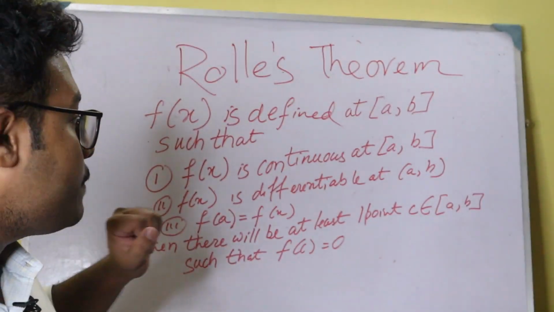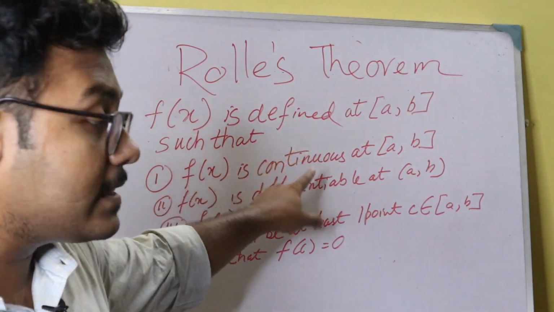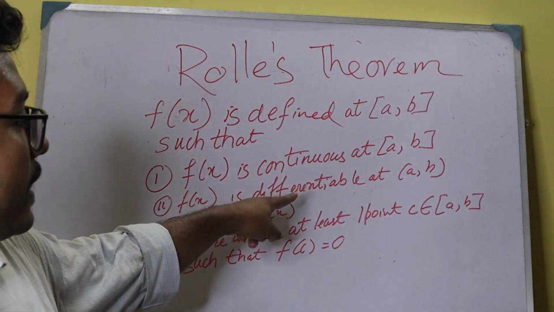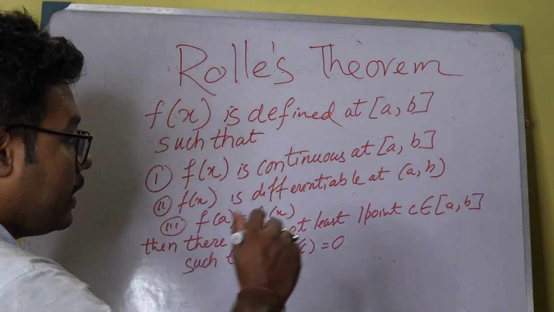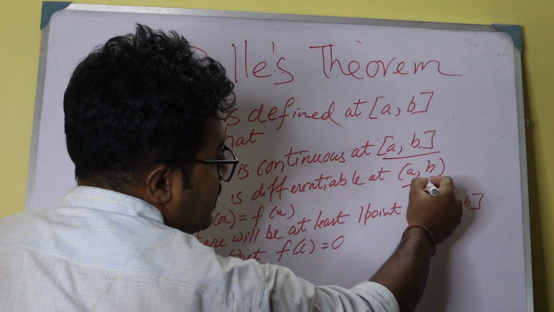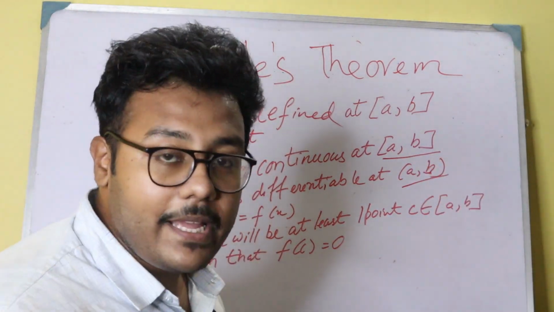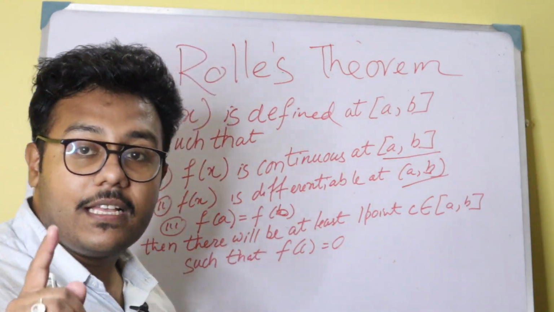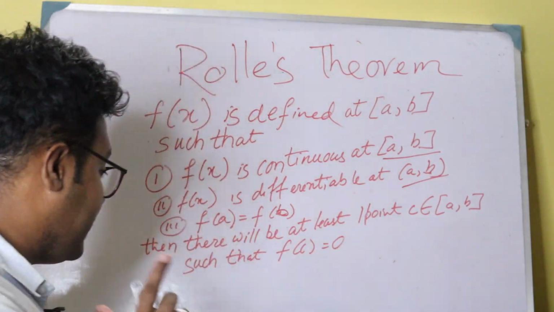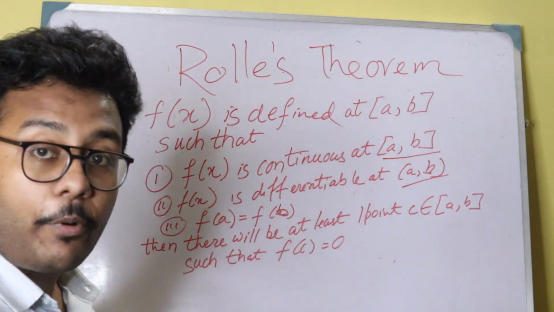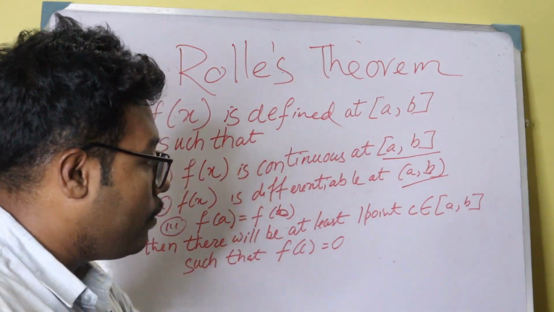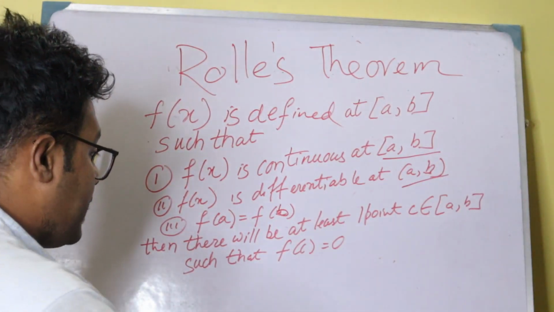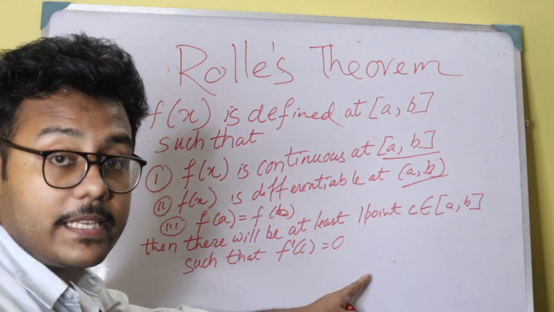So coming to the first point, if a function f(x) is continuous within the closed interval [a, b], and if the function is differentiable on the open interval (a, b) — don't get confused, this is the closed interval and this is the open interval (a, b) — and f(a) is equal to f(b), then there will exist at least one point c which belongs to this interval such that f'(c) is equal to 0.